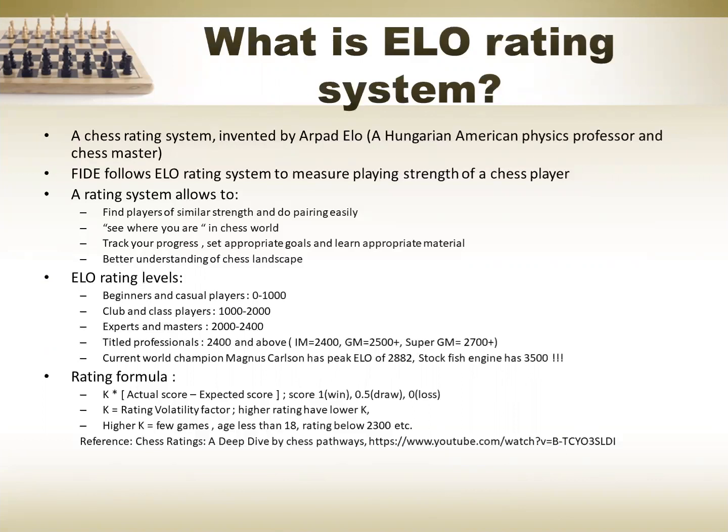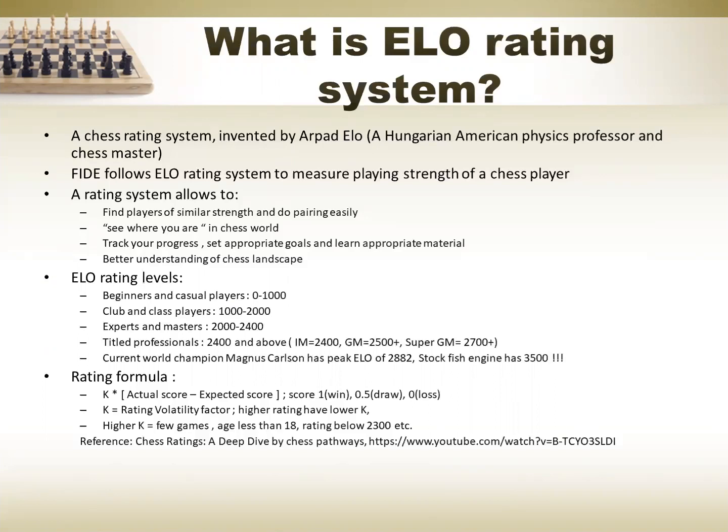your ratings. The ELO rating levels could be like 0 to 1000, which is for beginners and casual players. The unrated players will have an ELO rating less than 1000. The first official rating starts from 1000 onwards. 1000 to 2000 is mainly classified as club and class players. 2000 to 2400 is experts and masters.